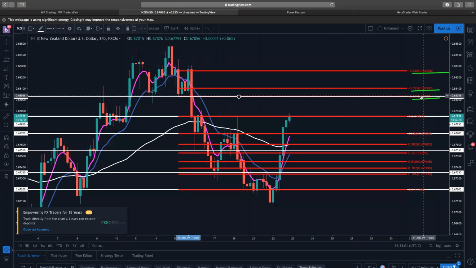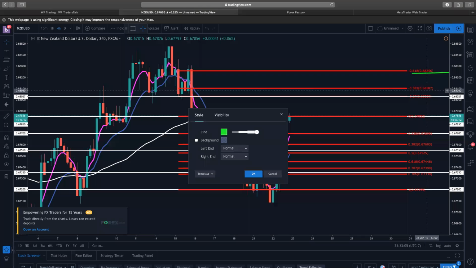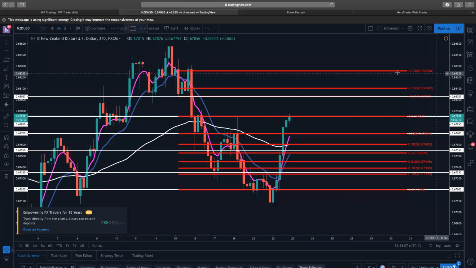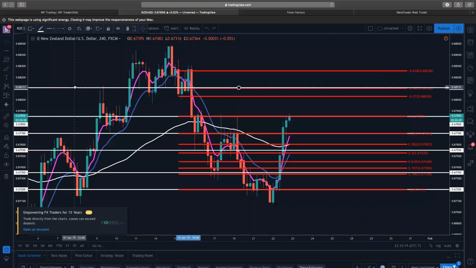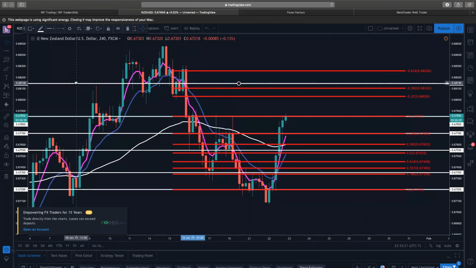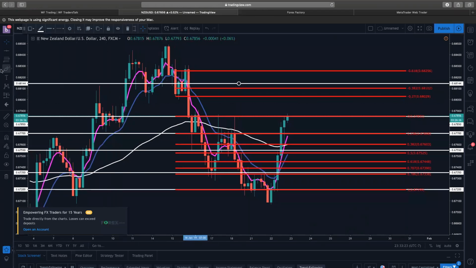So right here, our 27 could be an example of a stop. Or even if we wanted to clear these wicks right here, we could move our stop up. The next place we could put the stop is that 382, or just a little bit above the 382, and we avoid all of these wicks right here.